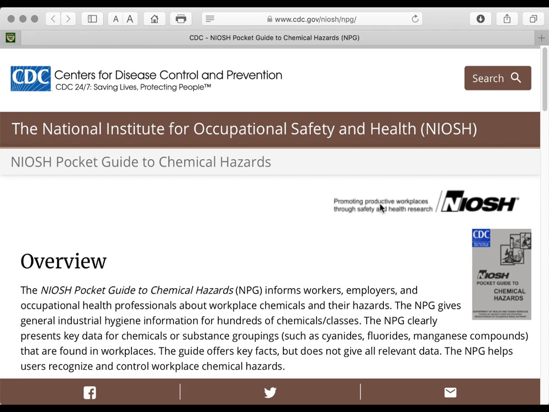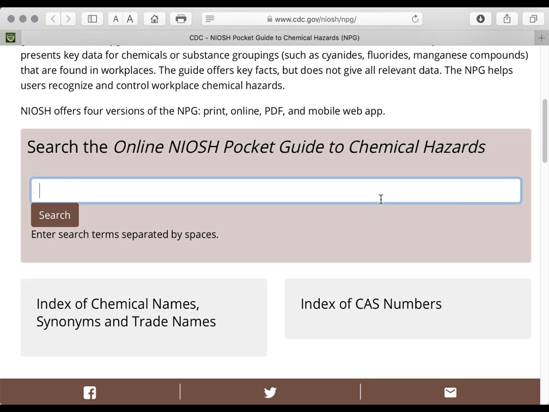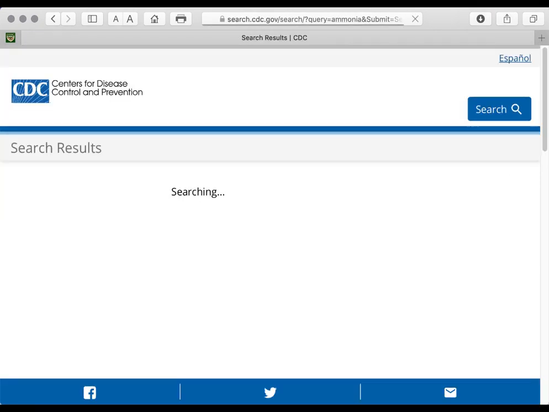So I selected the link and I went to the Centers for Disease Control and Prevention, www.cdc.gov. Then I searched NIOSH Pocket Guide and I came up with the NIOSH Pocket Guide. And we can put a chemical in there, for example, ammonia.